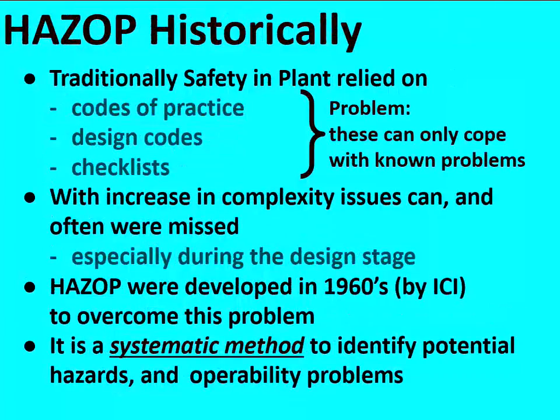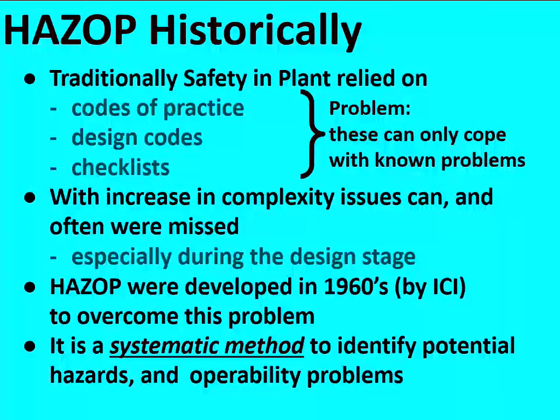So HAZOP traditionally, well, basically, when we go back to the days before HAZOP, people had to rely on things such as codes of practice, design codes, checklists. The designers had to sit down and really have a good think about their system. And okay, they managed to get some hazards, they couldn't get them all.